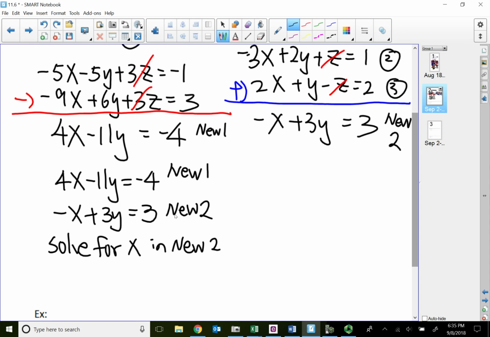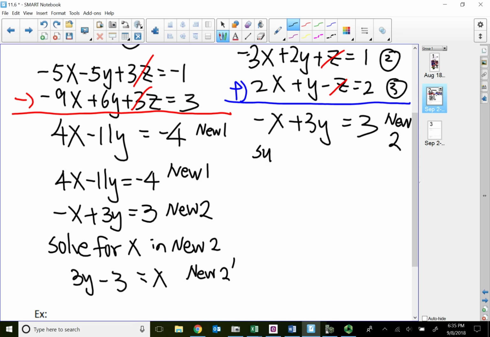So negative x goes to the right side and becomes positive x. Move the positive 3 back to the left side. That's 3y minus 3. Let's call this new 2 prime, because in a minute, this is where I will come back to get the value for x.